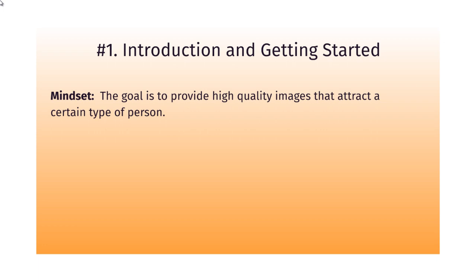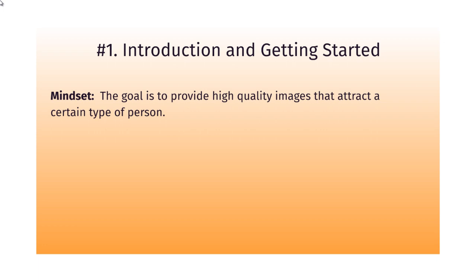The reason is that you're going to have an image that shows up on Google image search, and with that in mind, people are going to click on the ones that best fit that keyword. So you want to make sure that you have a high quality image that attracts a certain type of person.